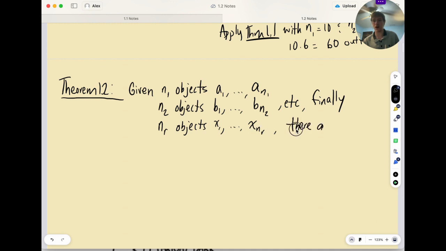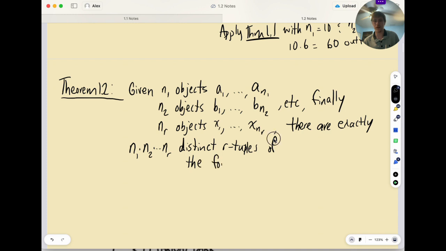Then we can say there are exactly n1 times n2 times n3 times nr distinct r-tuples of the form A_i1, B_i2, all the way to X_ir.